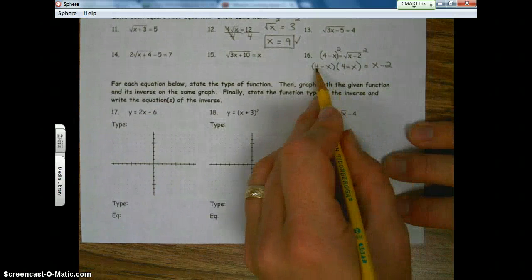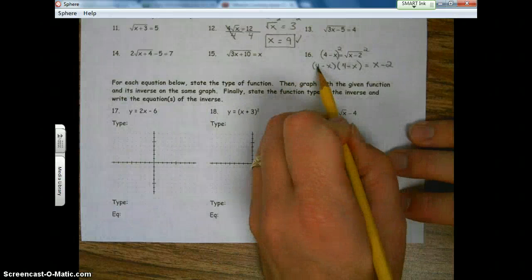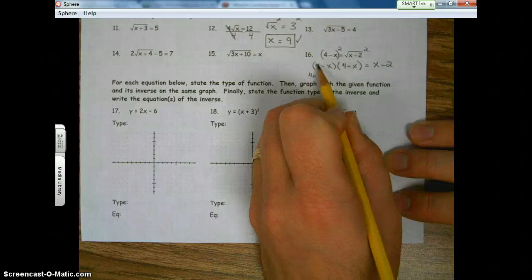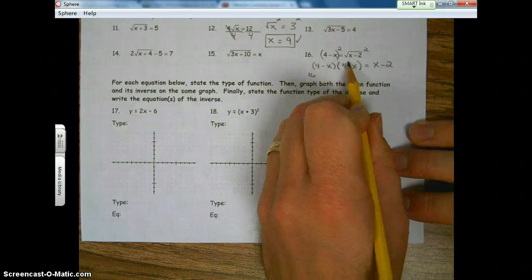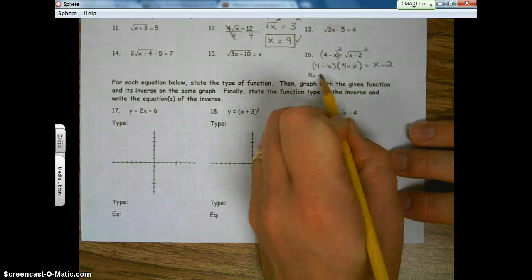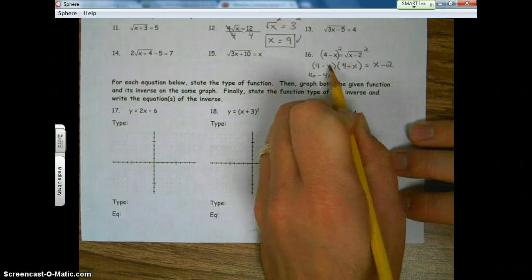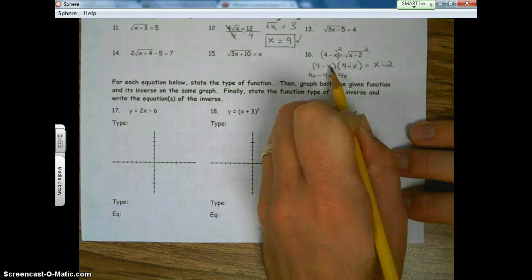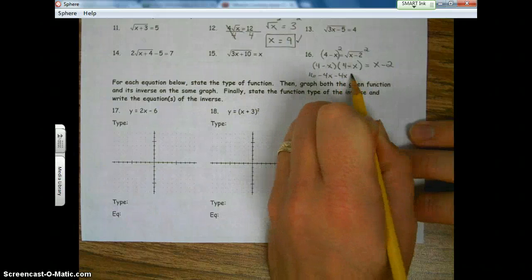We're going to FOIL it, so we're going to do first term, so 4 times 4. Outer term, so 4 times negative x. Inner terms. And last terms.